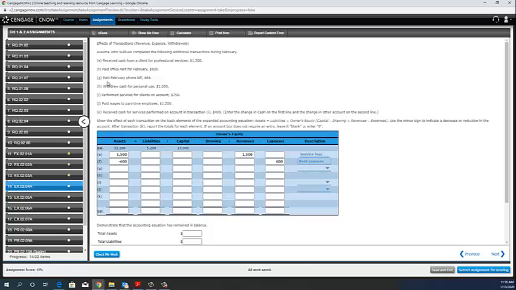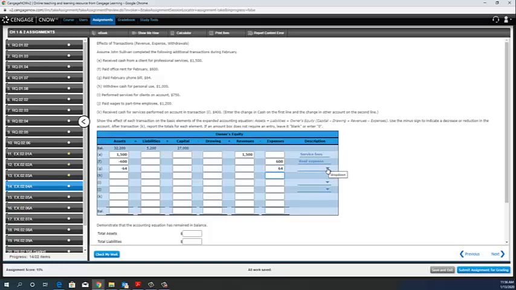Now in G, we paid our phone bill, $64. Same transaction. We paid it, so cash goes down, and it was for an expense. Expenses are paid out to help you earn your revenue.